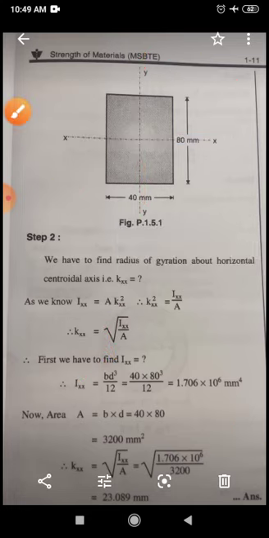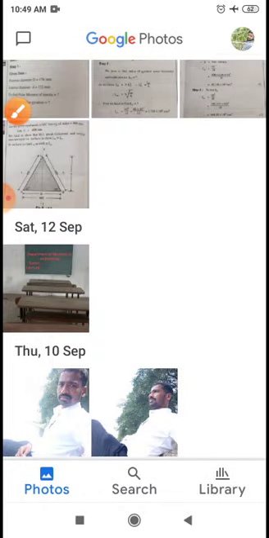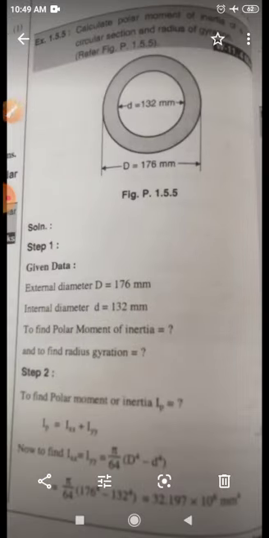Okay, now the next problem. This is a problem of polar moment of inertia. We have already seen what polar moment of inertia is.